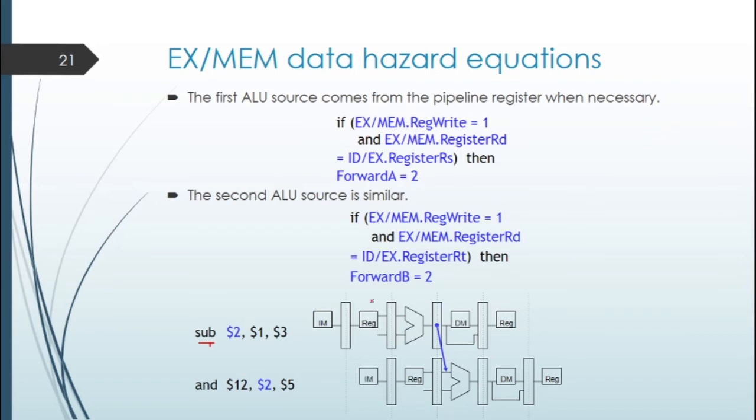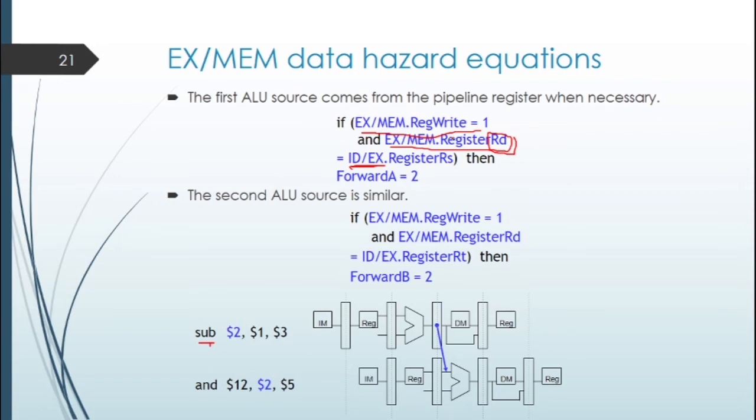The sub instruction is in the second stage, so at the end of the second stage, we have EX/MEM.RegWrite. We are just checking EX/MEM.RegisterRd, the RD register of the current instruction, the sub instruction, against the ID/EX register. What instruction will this ID/EX register have? It will be the next instruction.